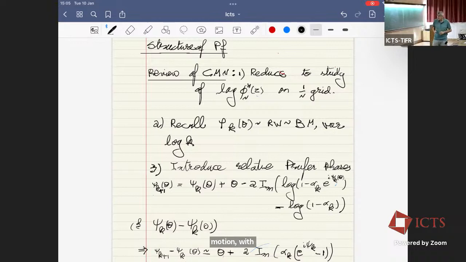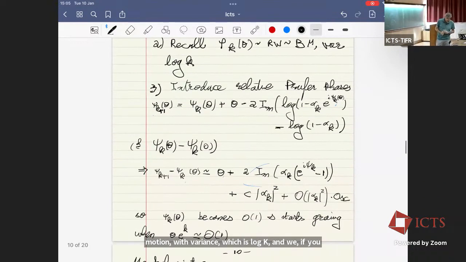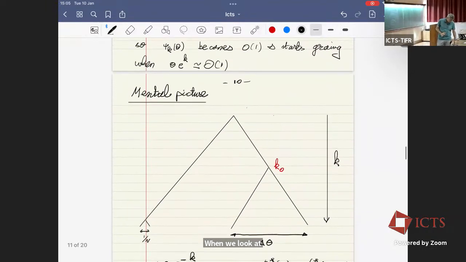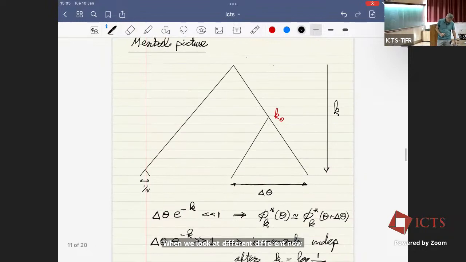And if you introduce the relative phases, you get again a recursion of the same type, except that you have this extra theta when we look at different theta. Now, the mental picture you should have in mind is the following.